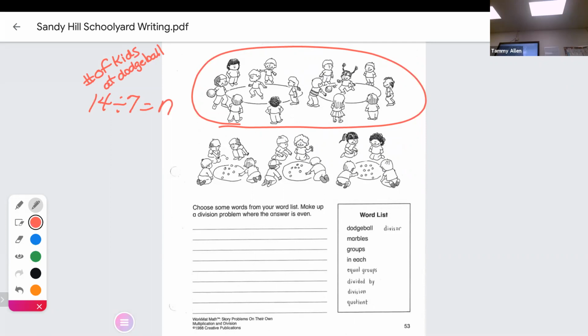The pencil should be moving. What does the 7 represent? How many kids are playing dodgeball? That's 14. How many kids are in each group? So kids per game.